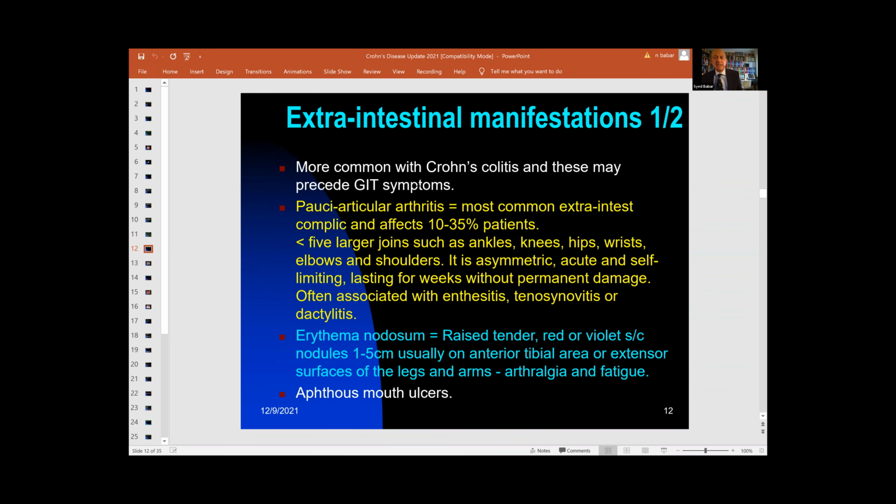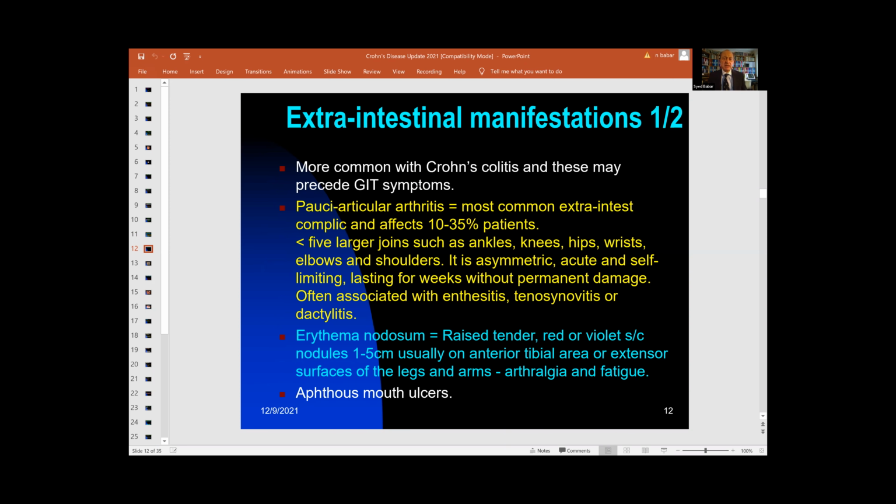So what would be the extraintestinal manifestations? Such manifestations are much more common with Crohn's disease, sometimes preceding the GIT symptoms.